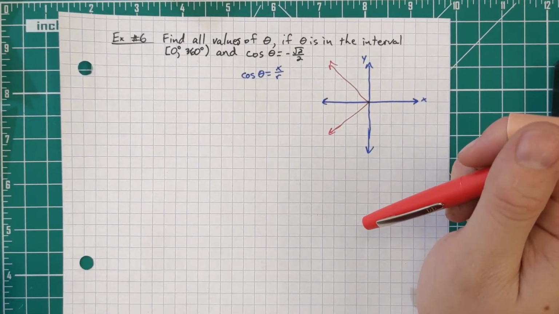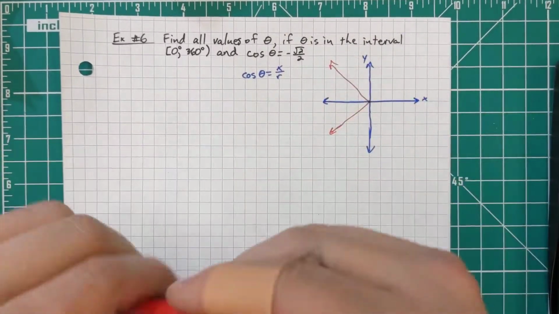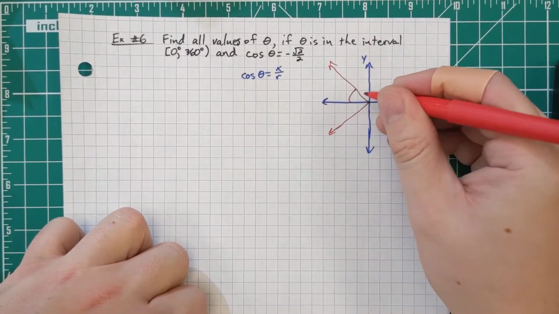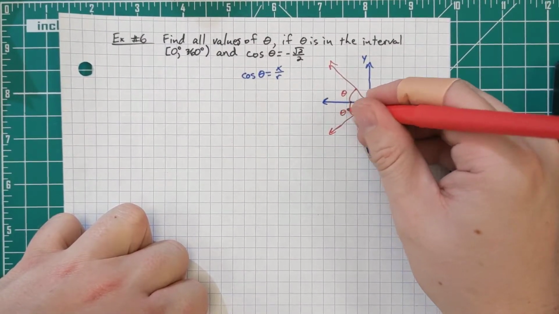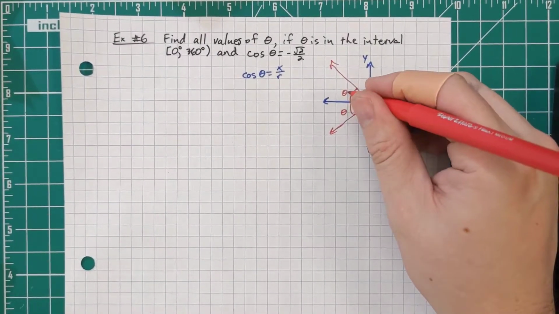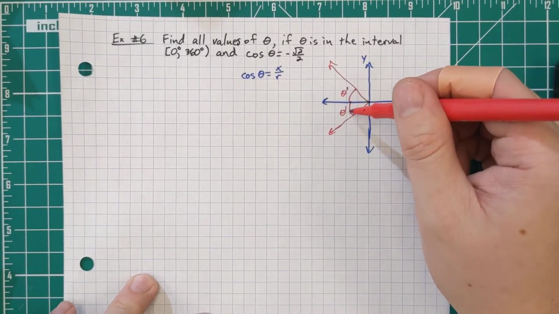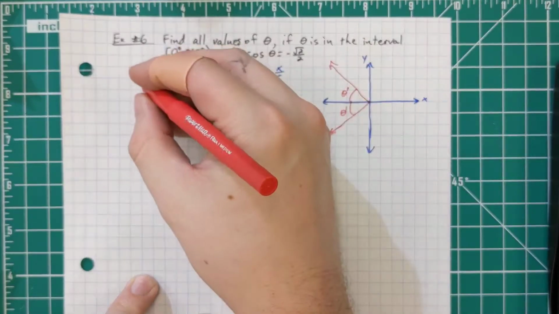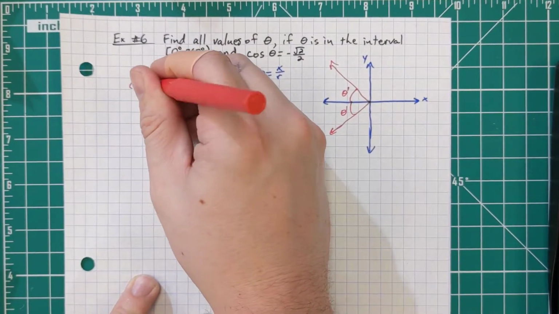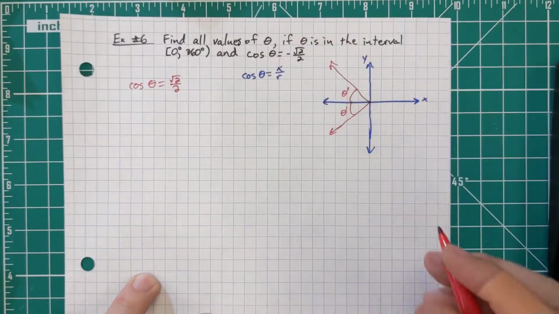So square root of 2 and 2. On this one, this is our reference angle. On this one, this is our reference angle. Those angles are really the same. So I'm really looking for where cosine of theta is equal to the square root of 2 over 2.